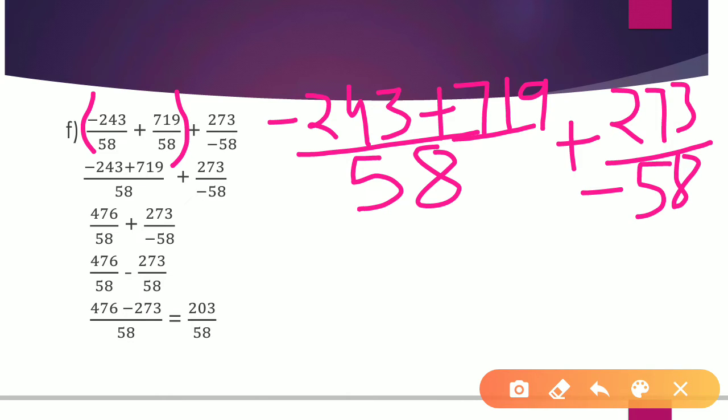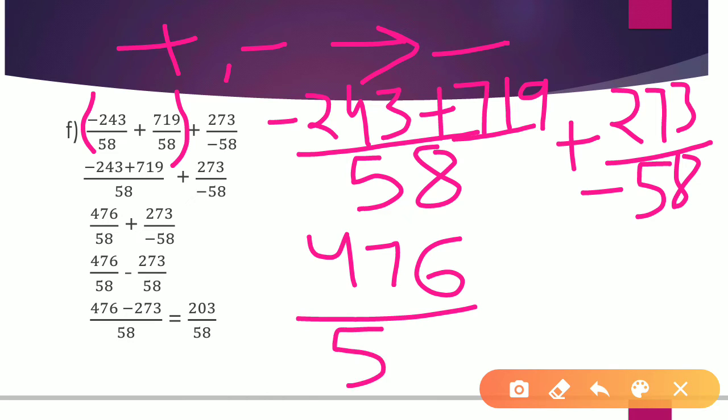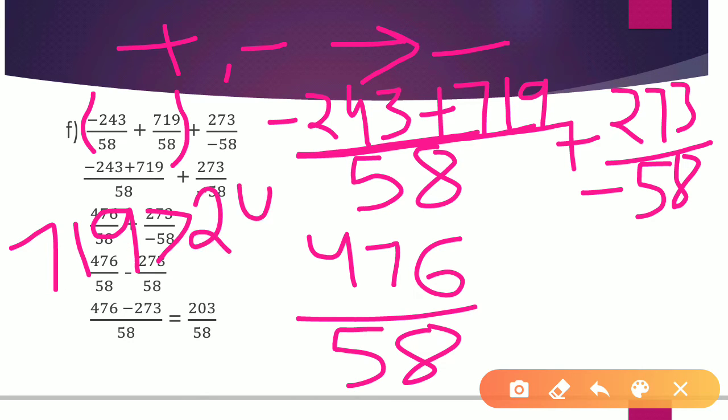Now here plus minus will always make minus, and the sign will be of the number having the greater value. So plus minus will be minus. That means 719 minus 243, which gives you 476 by 58. This will be as it is. Why have we excluded the negative sign? Because 719 is greater than 243 and 719 is with the positive sign.